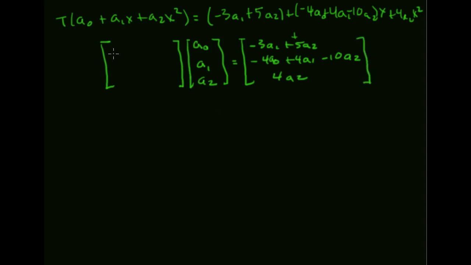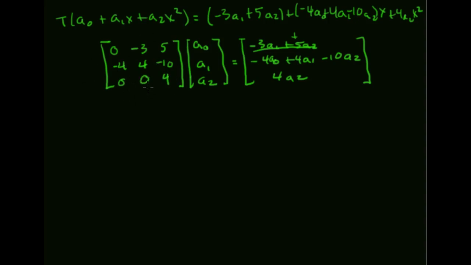So think about it this way. If I do row by column, this row has to be 0, negative 3, 5, because that row by this column gets me this. The second row has to be negative 4, 4, negative 10, because this row by this column gets me that. And the third row has to be 0, 0, 4.